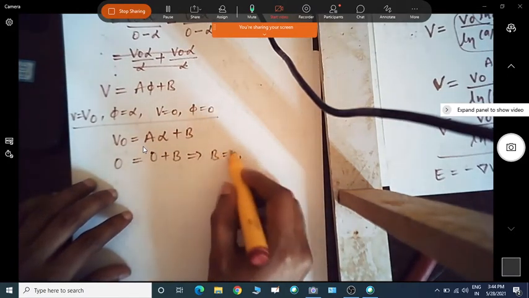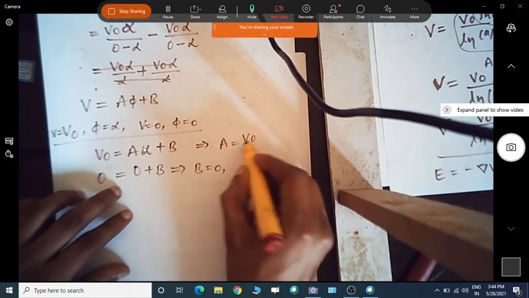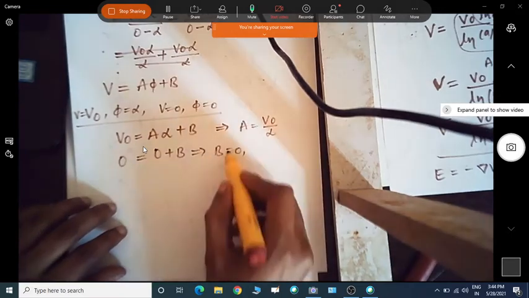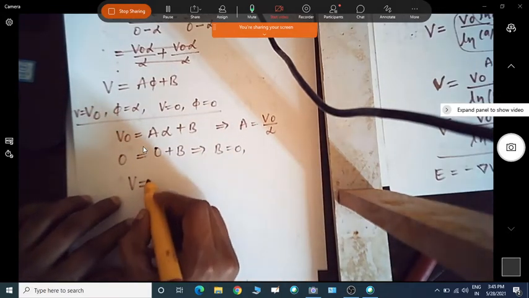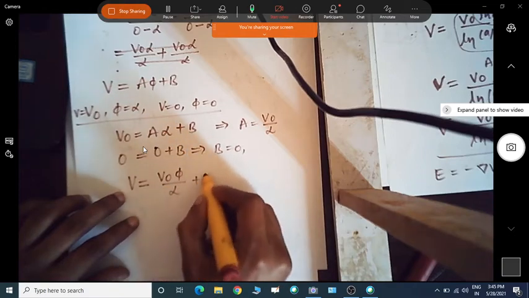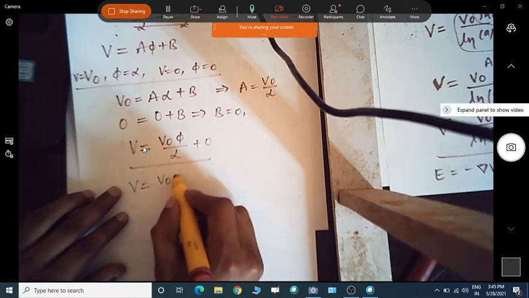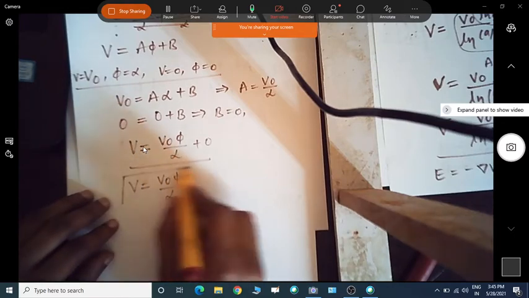So now whenever b equal to 0, we are going to get a equal to v naught by alpha. Now if I substitute that one, you will get v equal to v naught phi by alpha plus 0. So this is the equation we are going to get, that is v equal to v naught phi by alpha. So this is the solution.